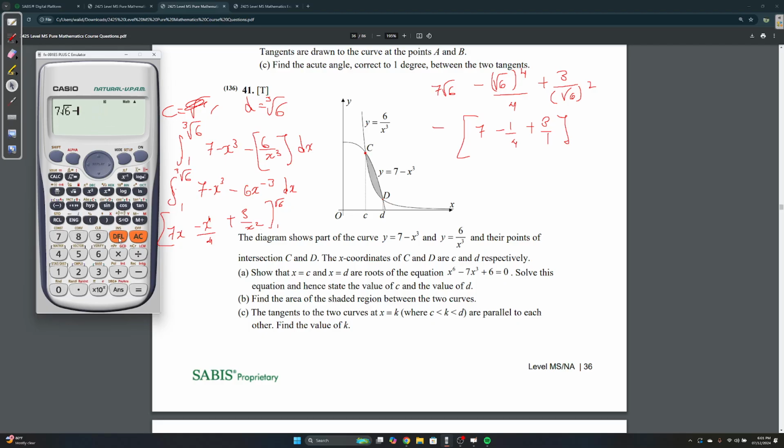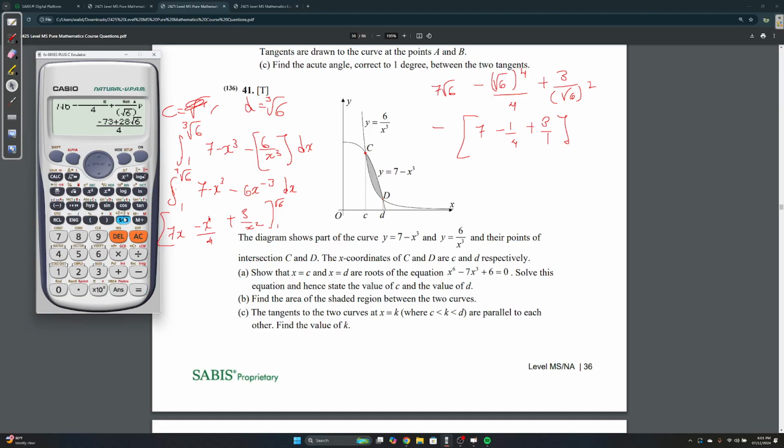Yeah, no. So minus root 6 to the power 4, over 4 plus 3 over root 6 to the power of 2, minus, now open bracket, 7 minus 1 over 4 plus 3.